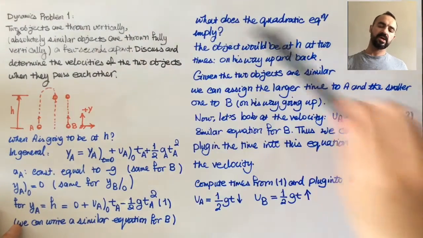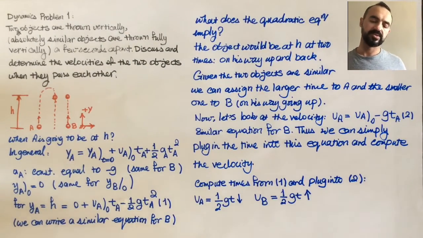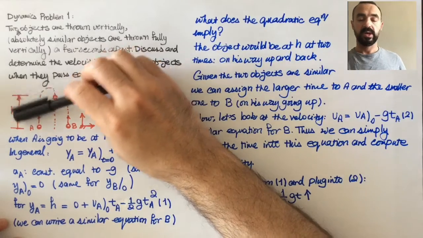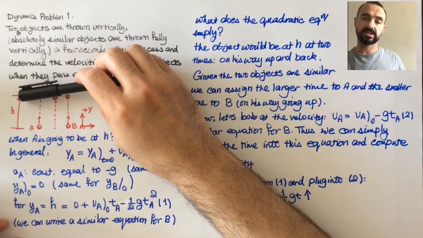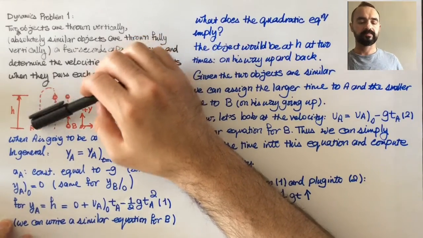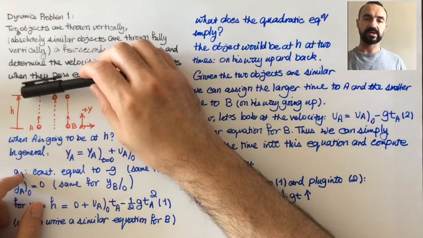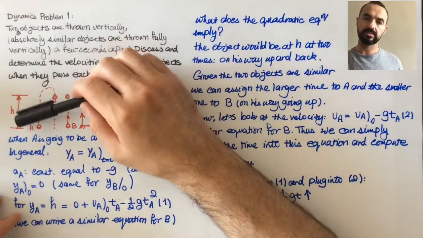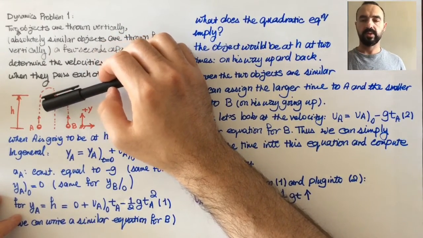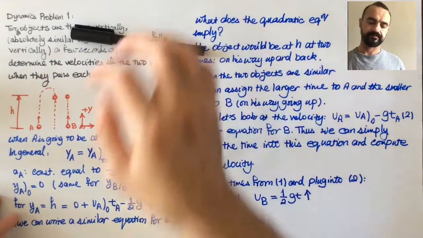you're going to say that object A, assuming it has sufficient initial velocity to reach h, and assuming that h is smaller than the maximum height, is in fact going to be at height h at two times, once on its way up and once on its way back to the ground.